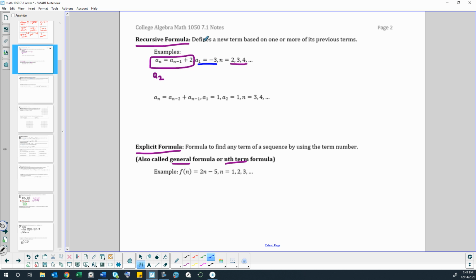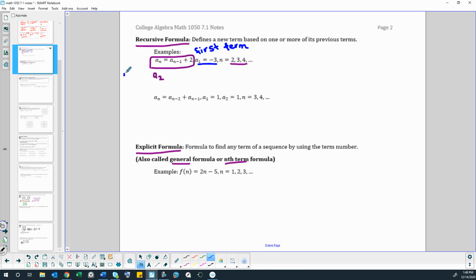So they had to give us that for us to start this recursive formula. We have to start somewhere. So this is the first term. That's usually typical of a recursive formula, is that you're given the first term, or at least some sort of term, so you can figure out what to do with it based on the formula. You can't do the formula without having some sort of information about the sequence itself.